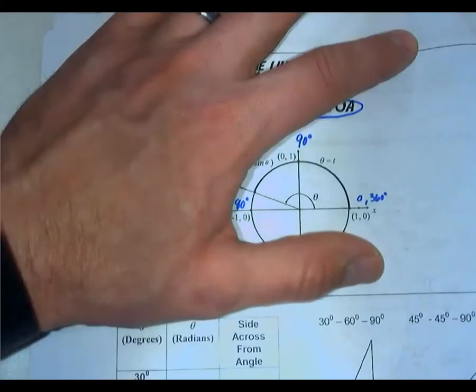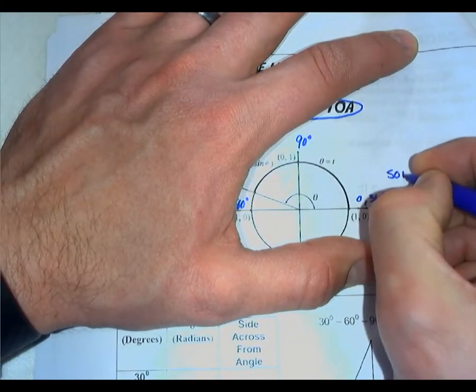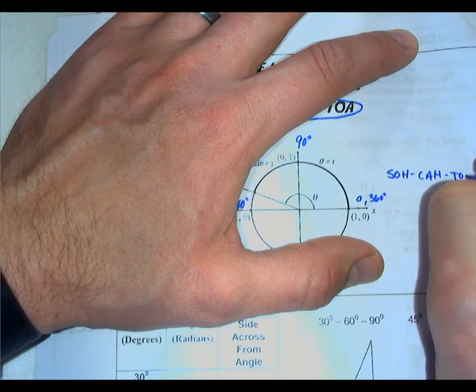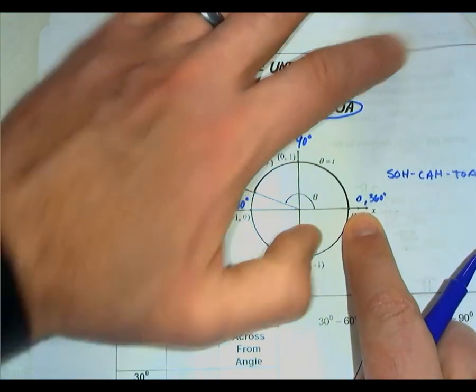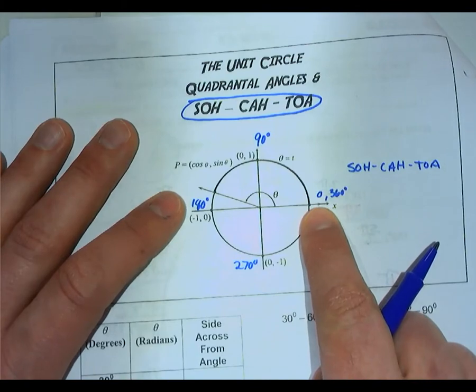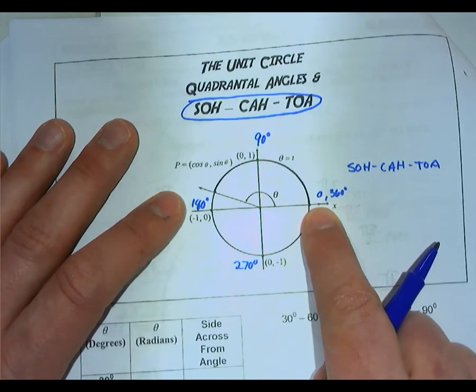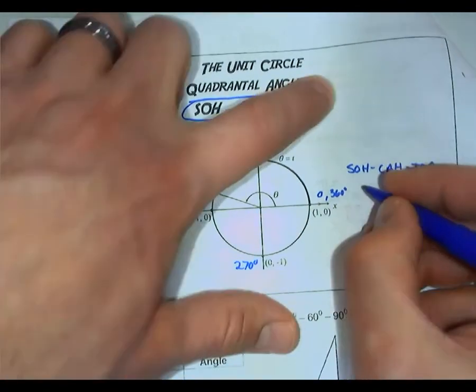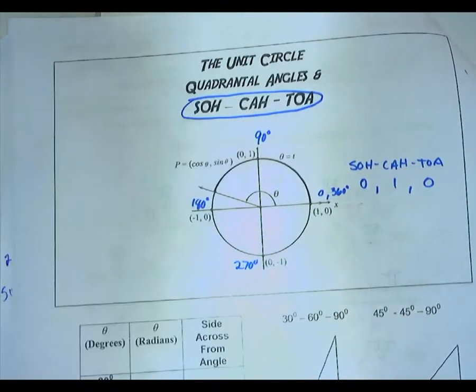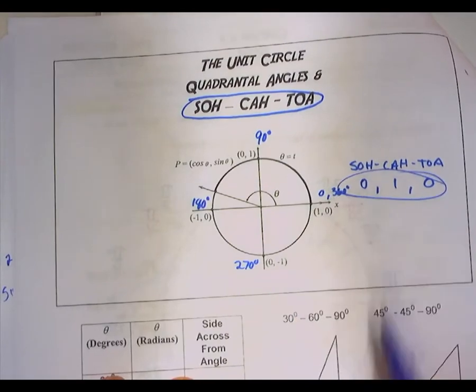Okay, so for SOHCAHTOA, at 0 degrees and anything right here in between quadrants 1 and 4, at 0, 360, 720, dot, dot, dot, I always remember these 3 numbers, 0, 1, 0. So that's what I use right there.